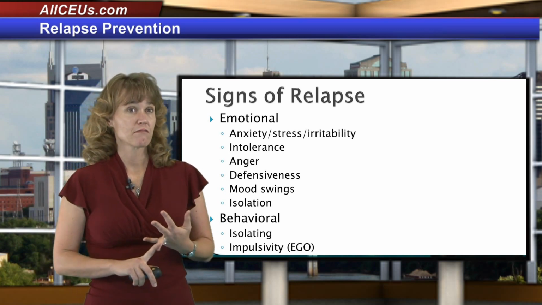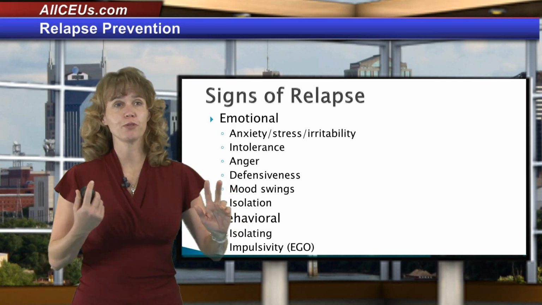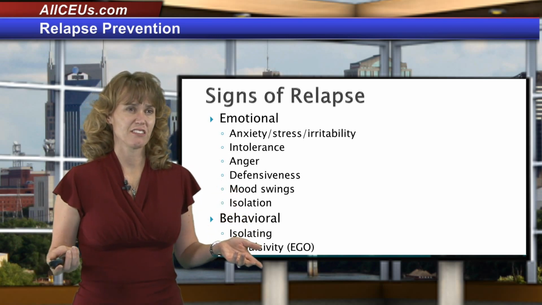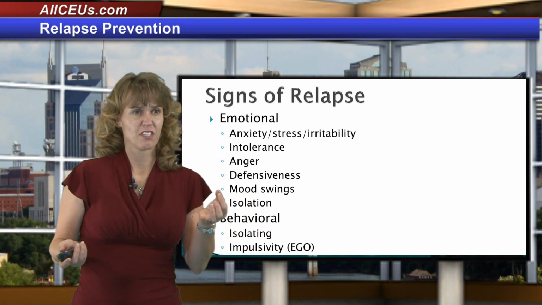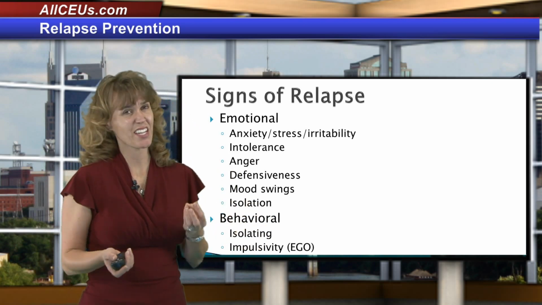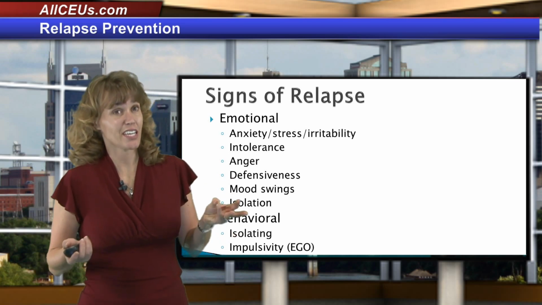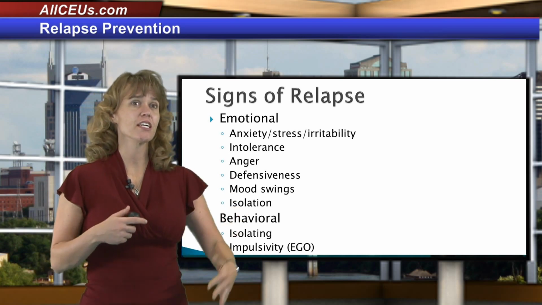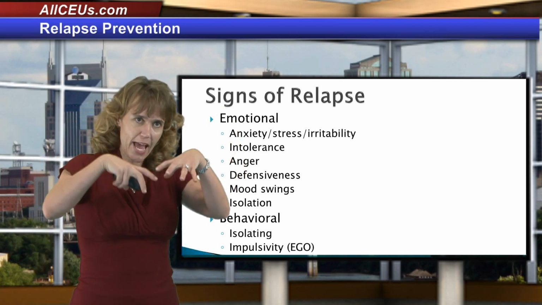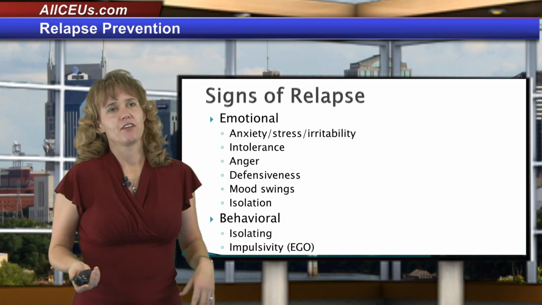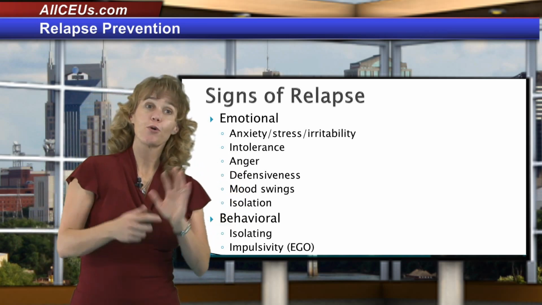Mood swings, inability to control moods, and isolation. Well, if you're angry, intolerant, irritable, defensive, and having mood swings, not a lot of people are going to want to spend time with you. So, yeah, you may start seeing a lot more isolation because it's too exhausting to try to keep a cap on all of that. And when you can't keep a cap on all of it, people don't want to be around you.